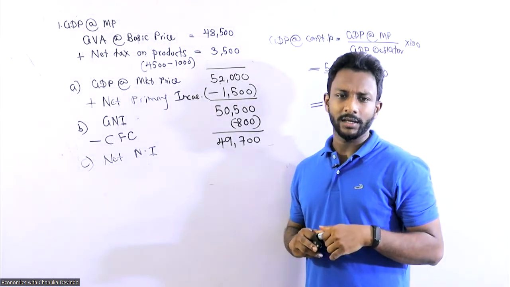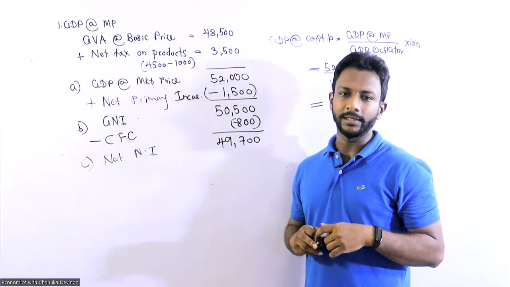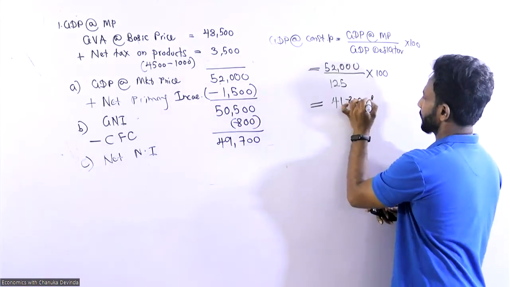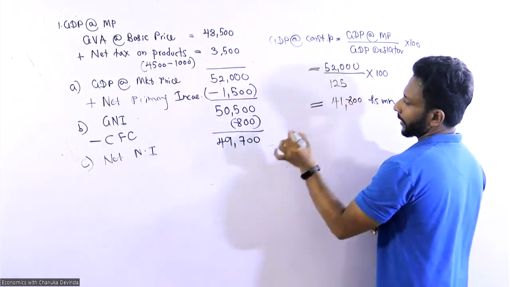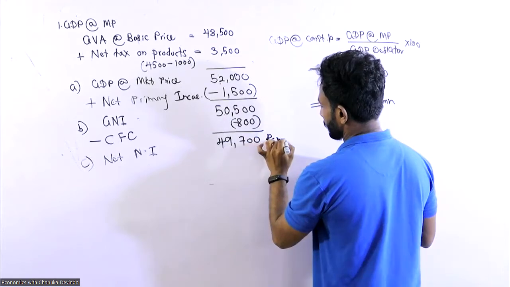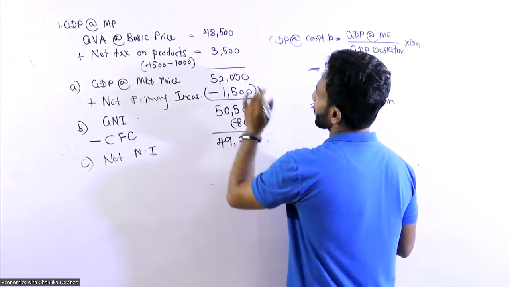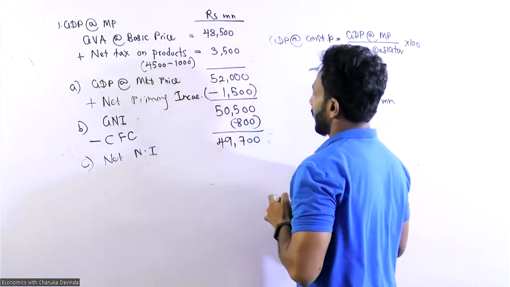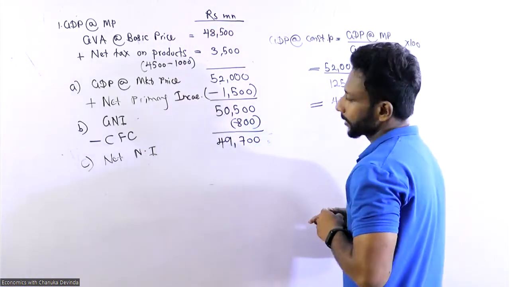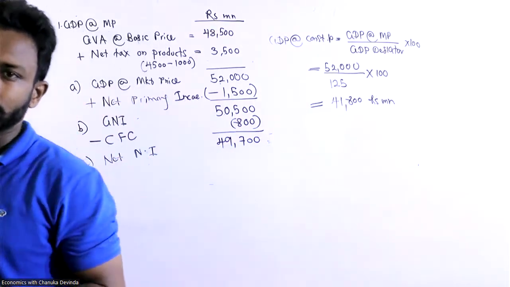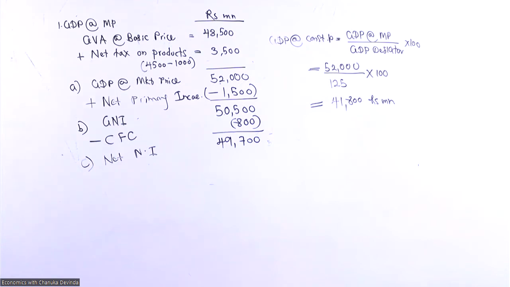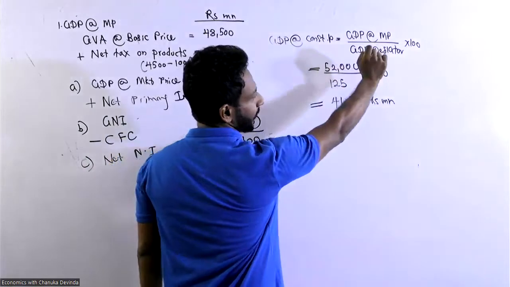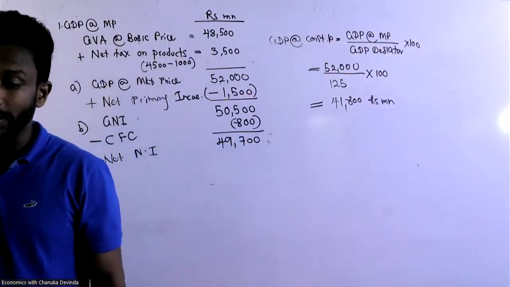It was not given, but since the other values are in rupees million, this is also rupees million. Write it down. To find the constant price GDP, we did GDP at market price divided by deflator into 100, the formula I said earlier.